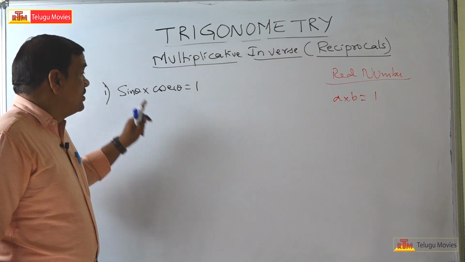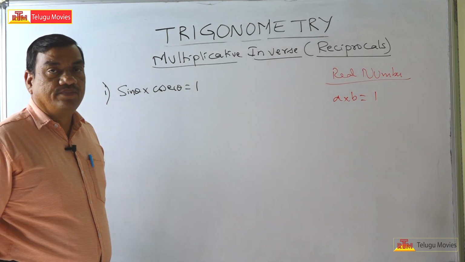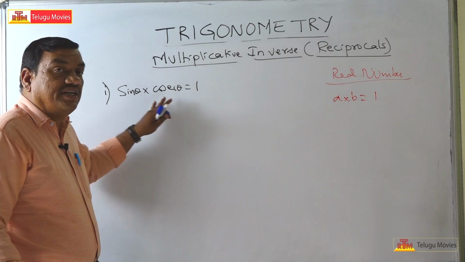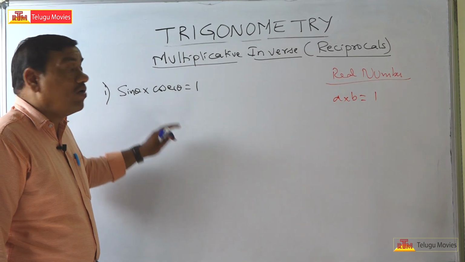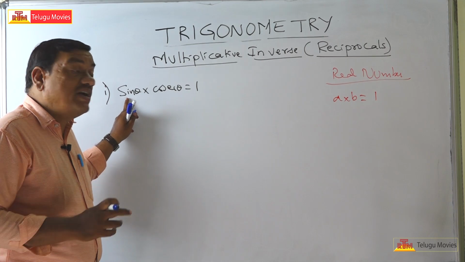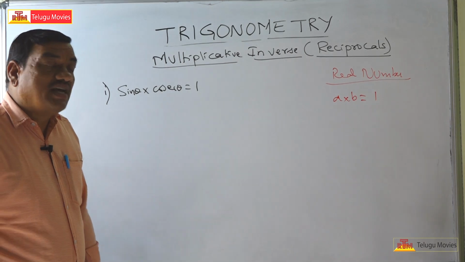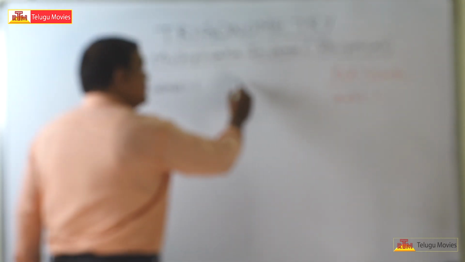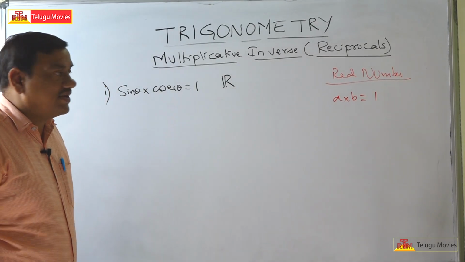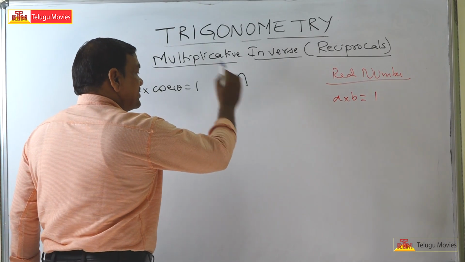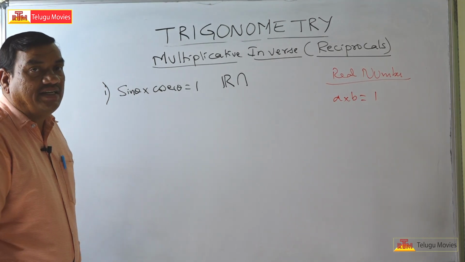I explained the domain of sin theta and the domain of cosecant theta separately. But this is a trigonometric equation, so when you take it like this, you have to consider the intersection of the domains of sin theta and cosecant theta. What is the domain of sin theta? The set of real numbers. What is the domain of cosecant theta?